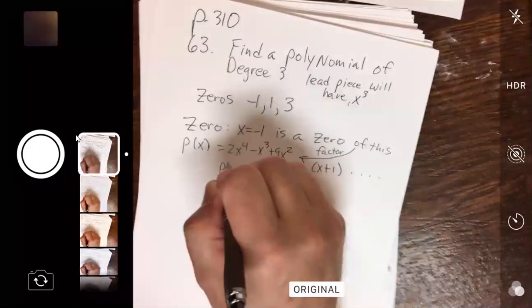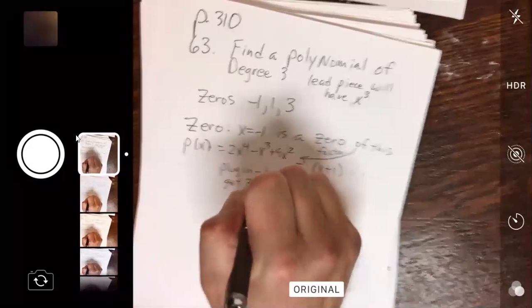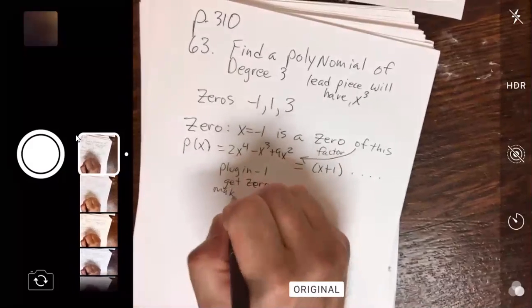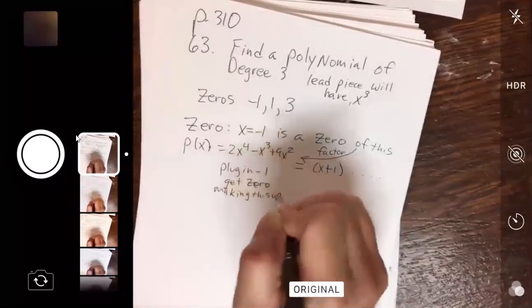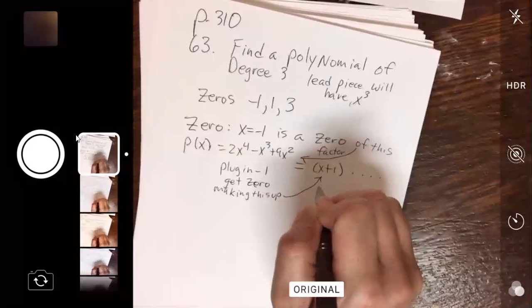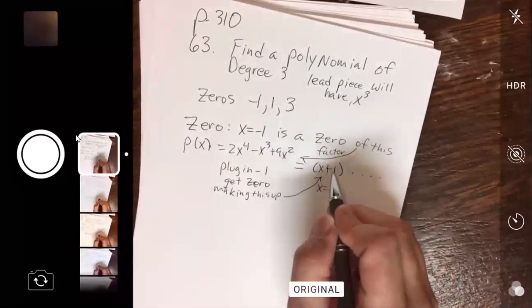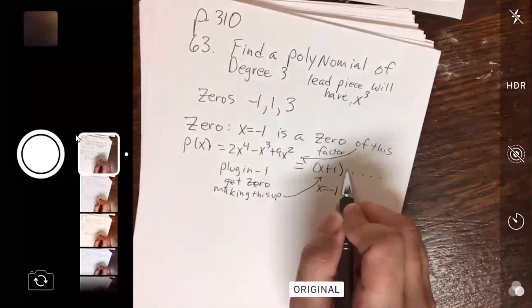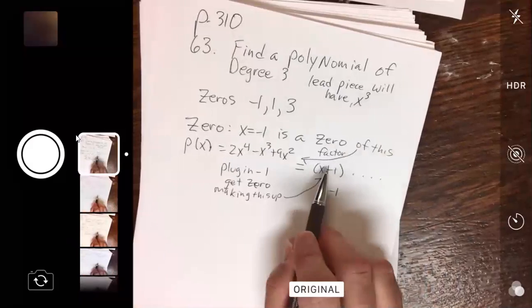See, plug in -1, get 0. I'm just making this up for purposes. So you have to have an x equal -1 factor over here. It has to switch signs, so I can plug in -1 here, +1, and get 0. This is the basis of this. This is the entire basis of 3-4.